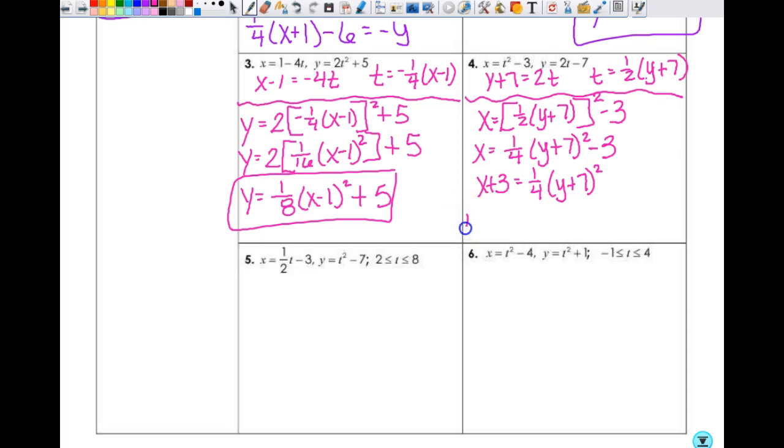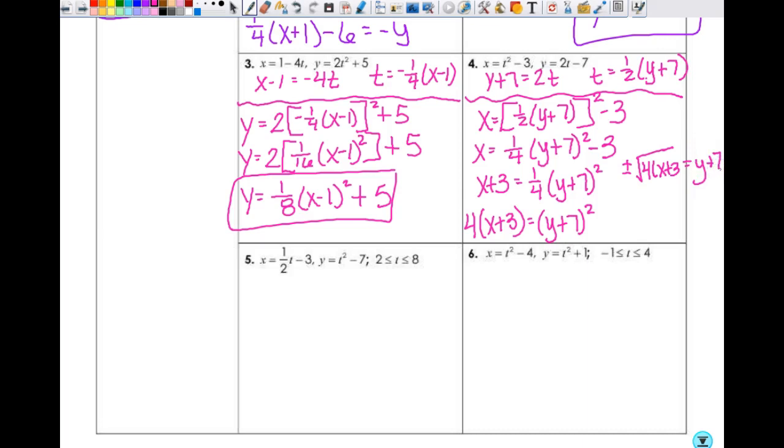Multiply by 4. So I have 4 times x plus 3 equals y plus 7 squared. Then what would I do? Square root of both sides. So when I take the square root of this side, I get plus or minus the square root of 4 times x plus 3, and that equals y plus 7.